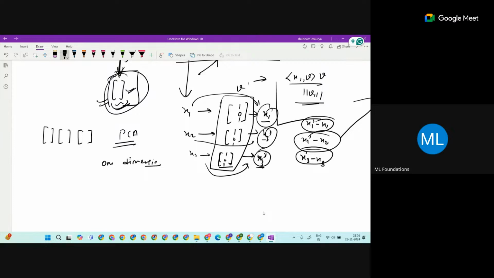Once you project this data onto a one dimensional space, find the minimum reconstruction error, and find what the maximum variance is. You know what the maximum variance is? Maximum variance is nothing but the maximum eigenvalue.